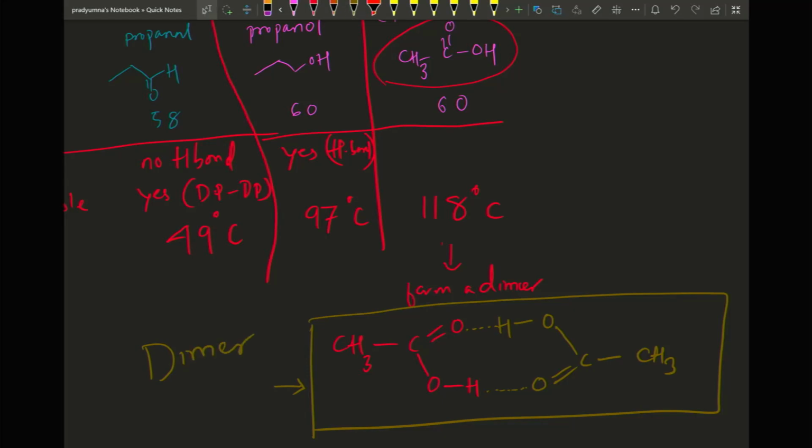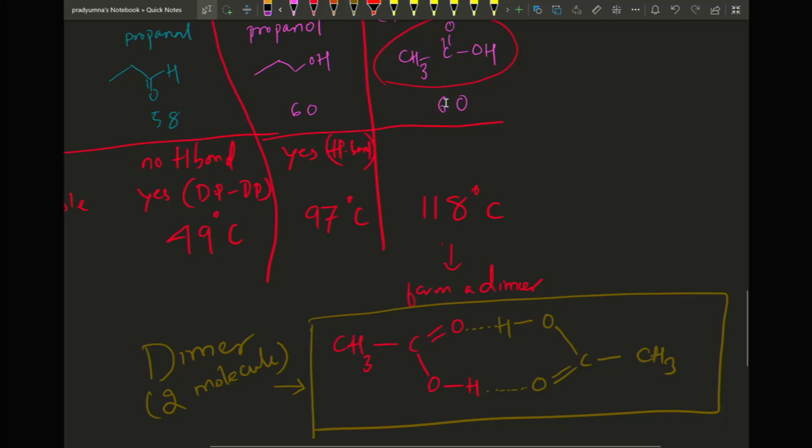The reason it's called a dimer is because it's a combination of two molecules, right? If it's a combination of two molecules, the effective number of carbon atoms increases. So instead of two, in reality, you got 1, 2, 3, 4. So you have 4 carbon atoms. So this molecule becomes a larger size.